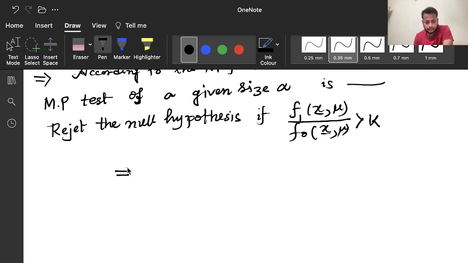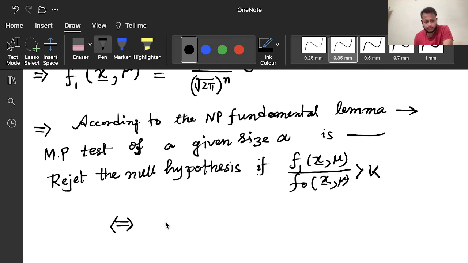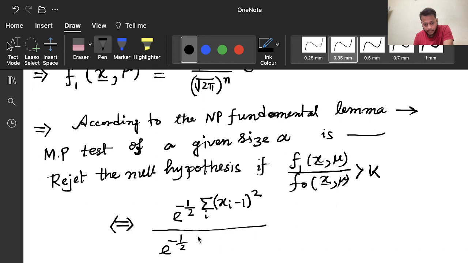So that means if I put it here, it will become e to the power minus half summation of i (xi minus 1) square over e to the power minus half summation of i xi square greater than k.